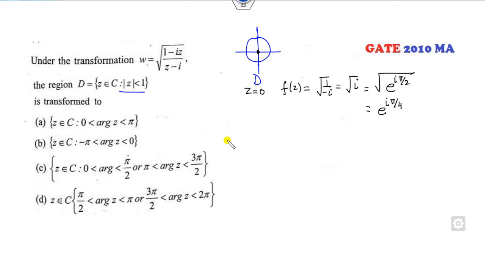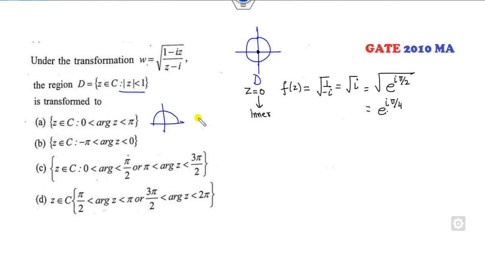Fine. Now it means this is my inside point, so the image must be an inside point. So okay, look at the graphical representation of the first plane. Argument is 0 to pi. This is my 0 to pi. Fine.